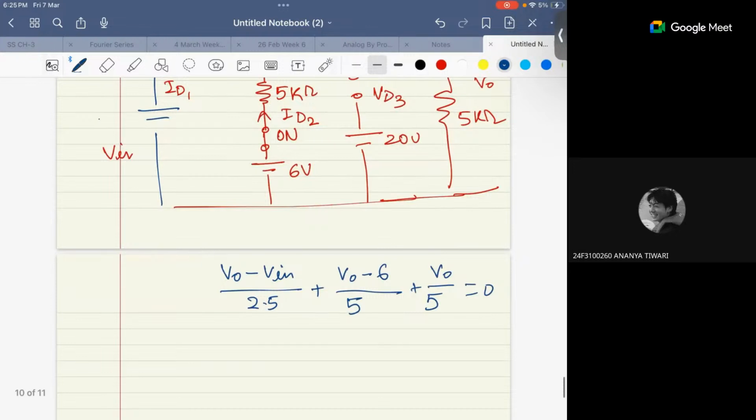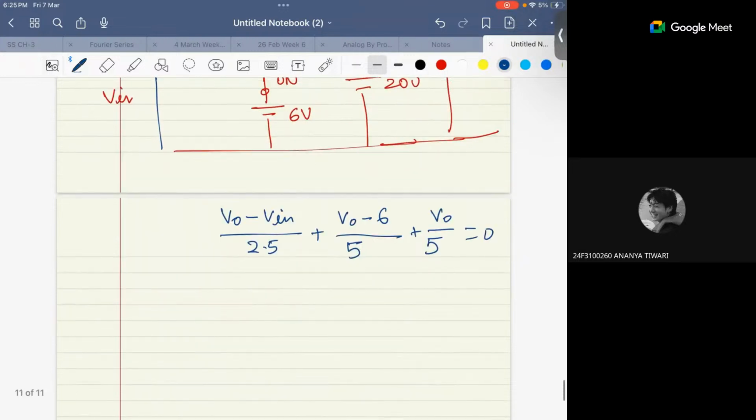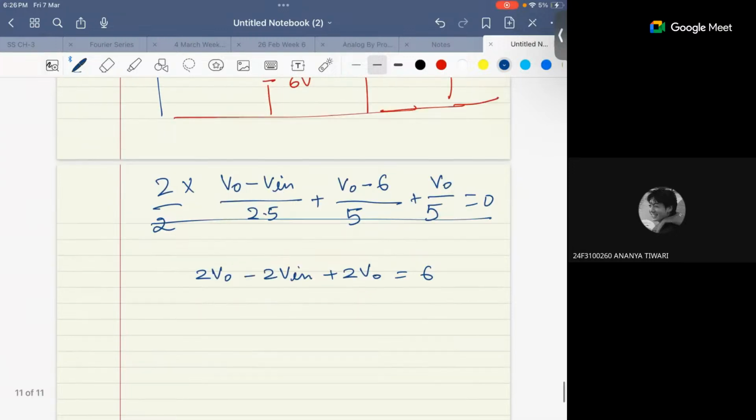What will be the value of V0 here? If you see this, you can just multiply by 2 upon 2, so this will get cancelled. So we'll have 2 V0 minus 2 V input plus 2 V0 equals 6. Right? So 4 V0 equals 2 V input plus 6, correct?